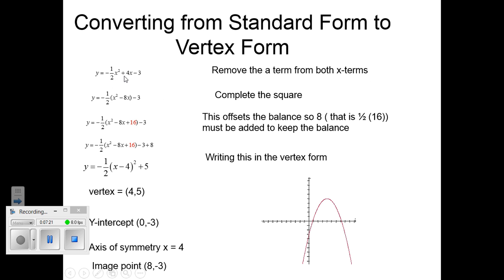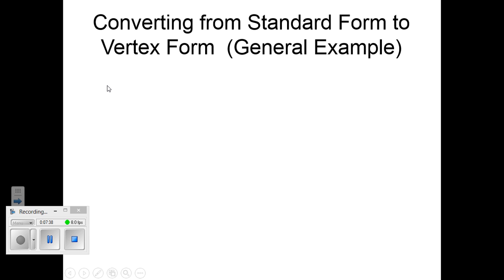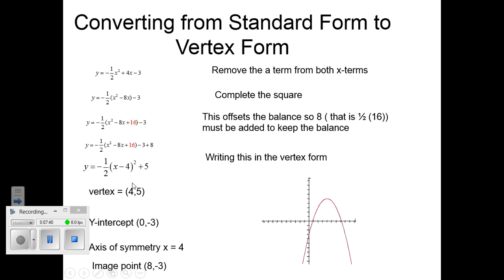We want negative b over 2a, which is going to be negative 4 over 2 times negative 1/2. So that's going to be negative 4 over negative 1, which is going to be positive 4. And that proves to be our vertex there.